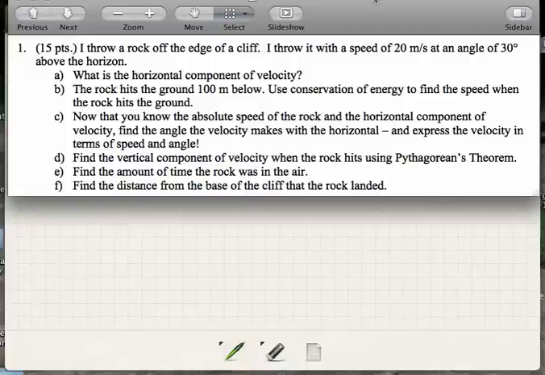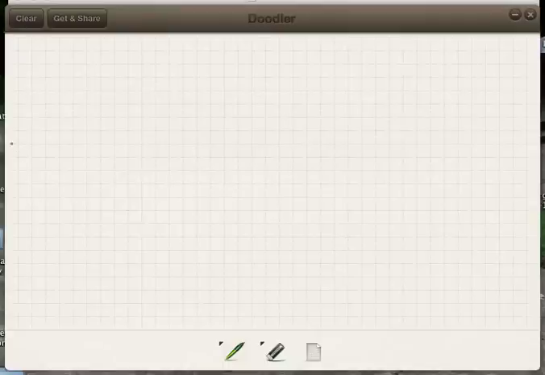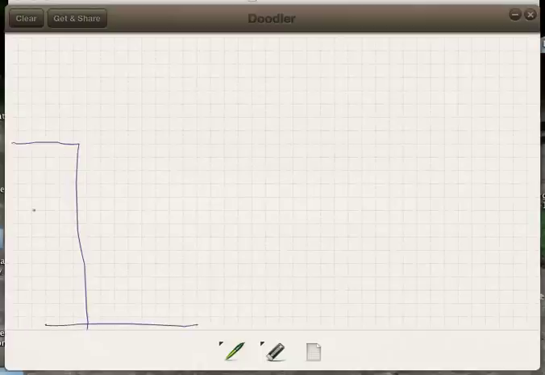Okay, so we want to solve this problem of me throwing a rock off a cliff with an initial speed of 20 meters per second. So let's see, here I'm on a cliff and it's 100 meters high. So we've got 100 meters.